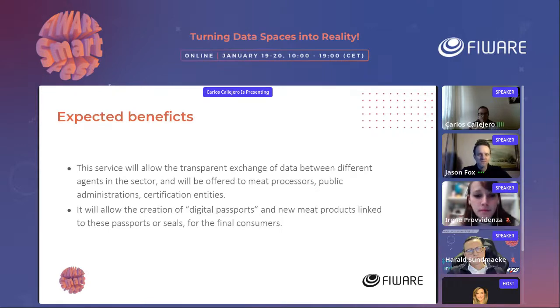Offering all this information for public administration, certification entities, meat processors, etc. And also my hope is to allow the creation of new digital passports where the new meat products are linked to these passports or seals, trying to transmit really the differentiation and the added value to the final consumers.